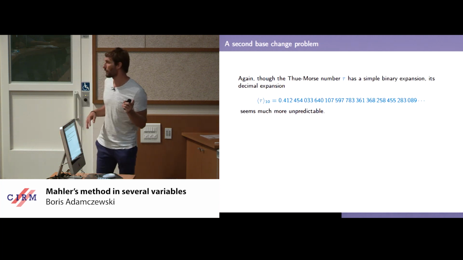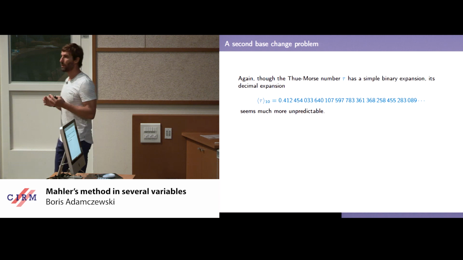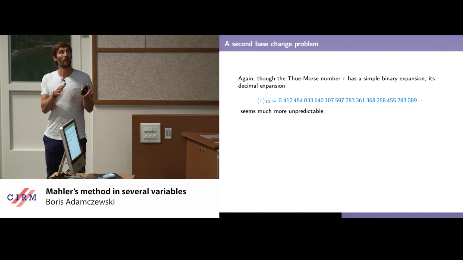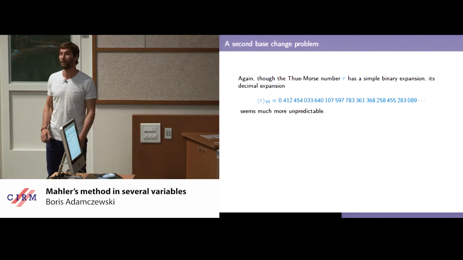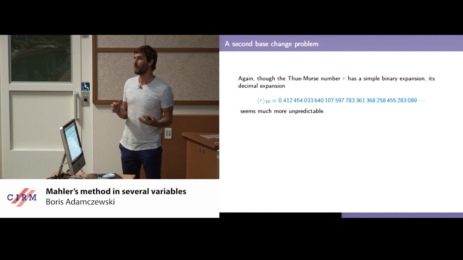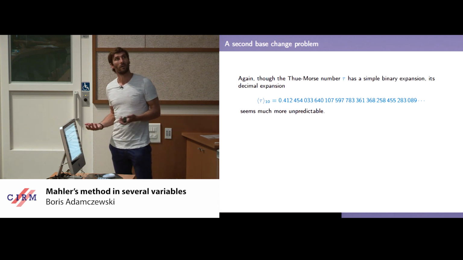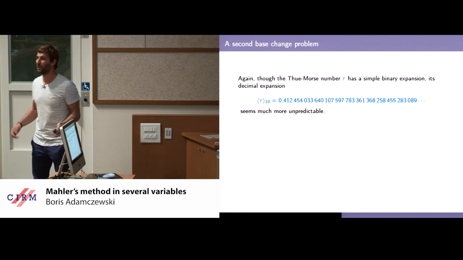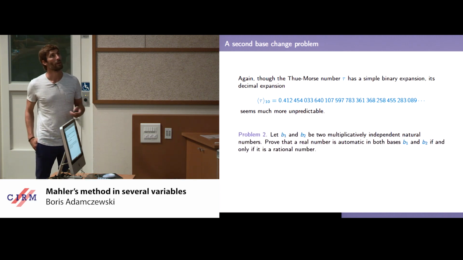But the problem we are interested in here is what happens to these Thue-Morse numbers if I write them in base 10. Now the digits, which are so simple in base 2, seem much more unpredictable, and we would like to prove something in this direction.